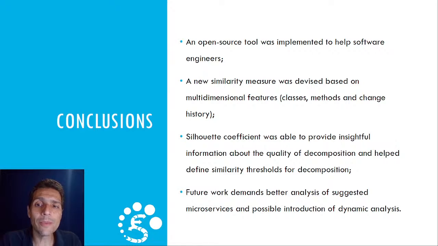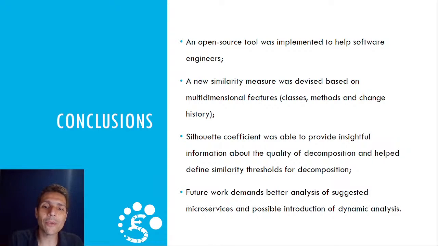And the main conclusions were, so we implemented an open source tool, which is nice, which is good to help software engineers. We don't want to substitute them. We can't find the best set of microservices. A new similarity measure was devised. This is really interesting, and it proved to be a good measure, a useful measure at least.